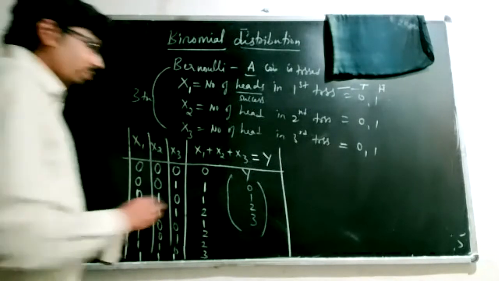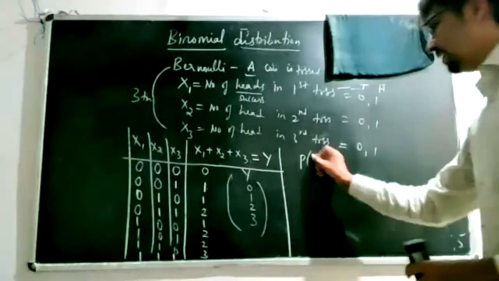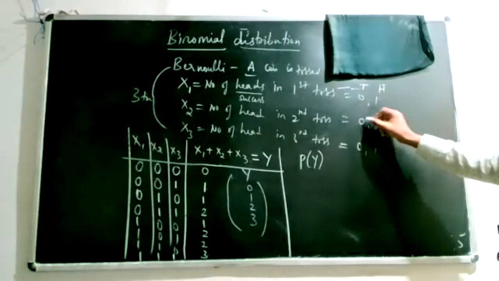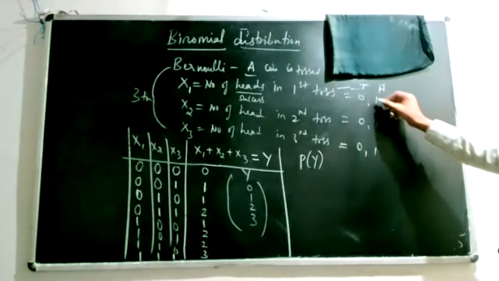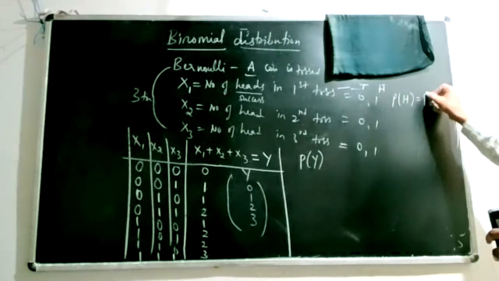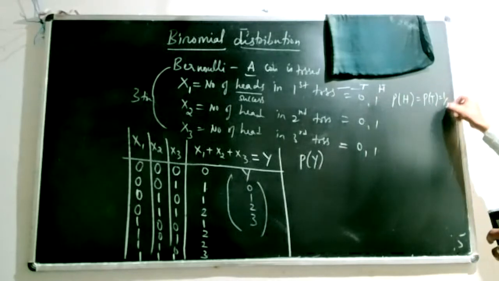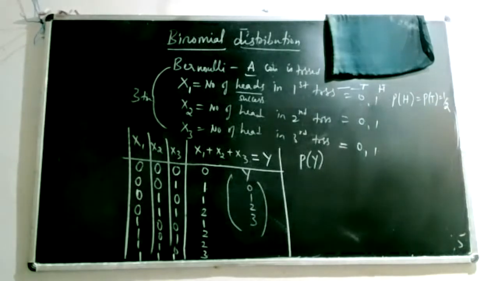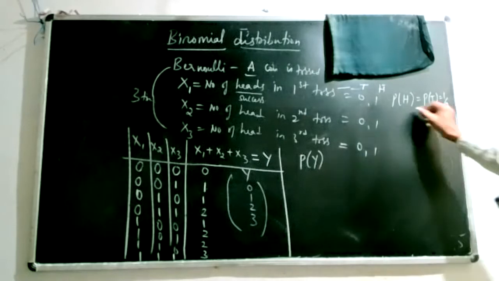Now, if you look into the probabilities for y, assuming equally likely outcomes, each single trial has probability of head equal to 0.5 and probability of tail equal to 0.5. This is known to us because we assume the coin to be an unbiased coin.